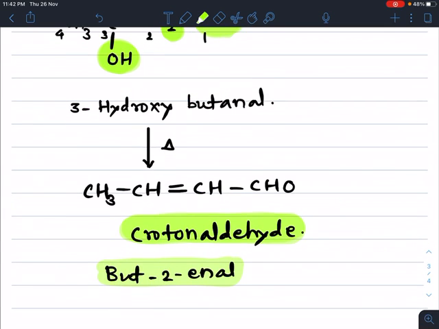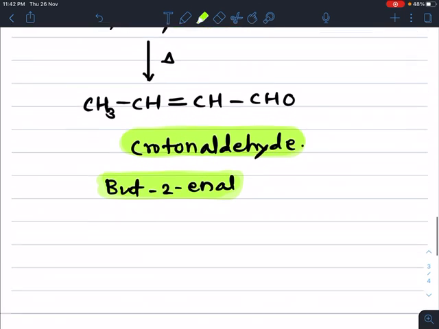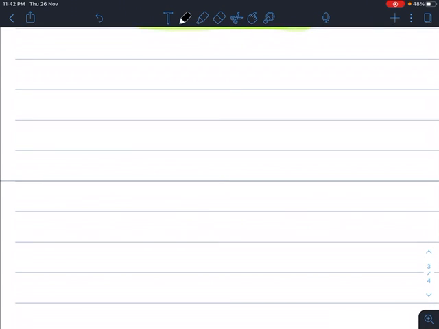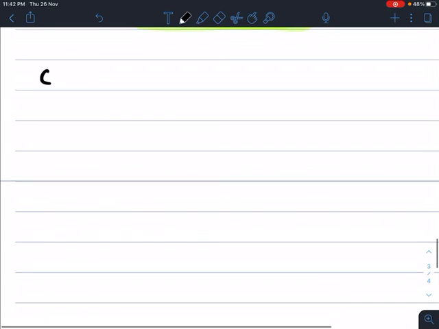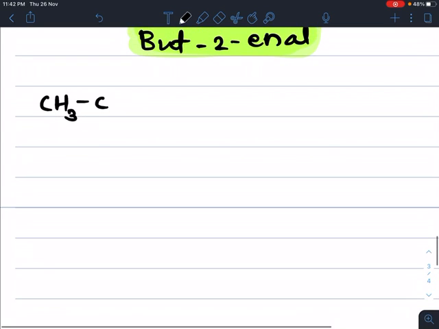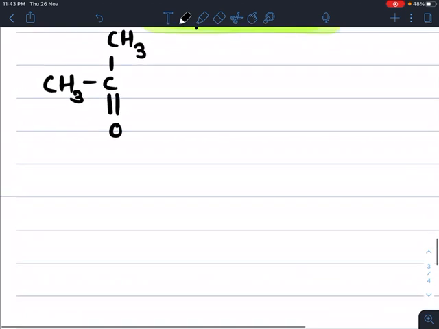So this is about the aldol condensation. Now if we take the example of a ketone, when acetone is treated, the formula of acetone is CH3COCH3.